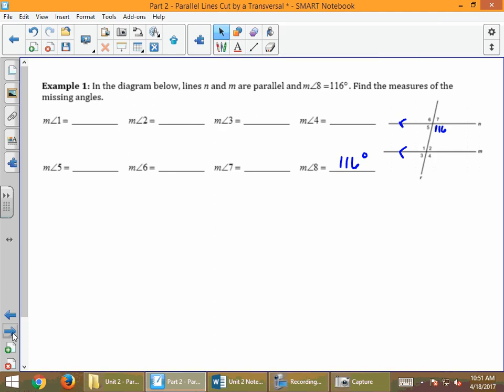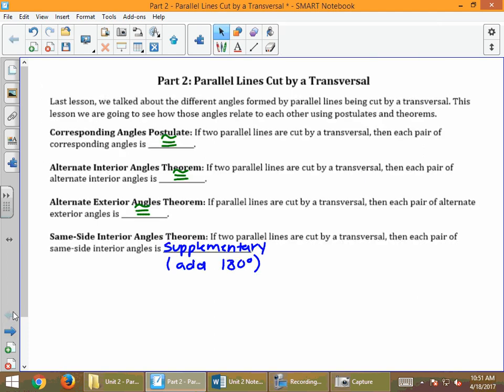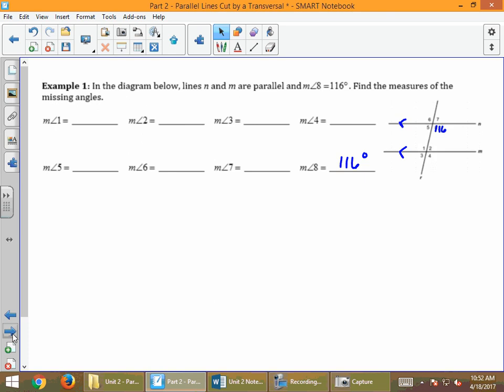If we go back to the top, we know corresponding angles are the same, alternate interior angles are the same, alternate exterior angles are the same. I like to figure out the ones that are the same first. And it doesn't matter which route you go. Pick a corresponding angle, pick an alternate interior angle, pick an alternate exterior angle, you're going to get the right answer.